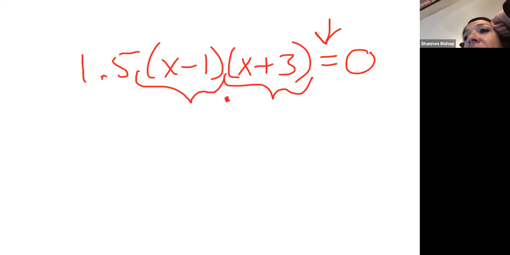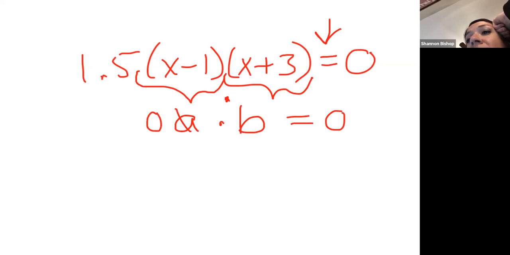Anything times anything will only equal 0 if one of these is indeed a 0 itself. 0 times anything is 0. That is the only way mathematically for the answer to become 0.